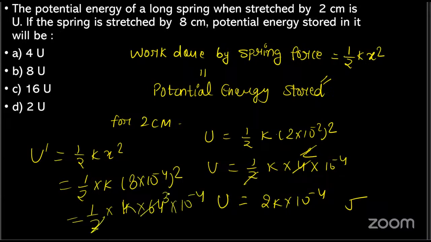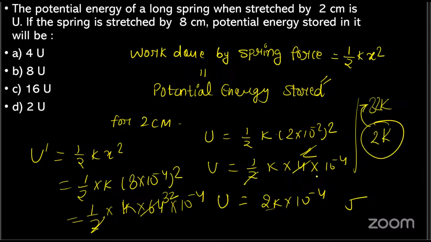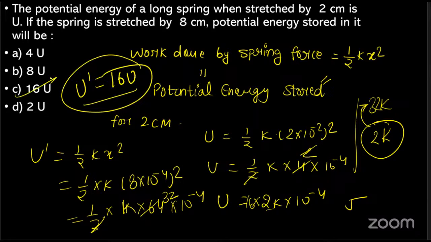Cancel it by 2, it is 32K. So you can see that 32K is a multiple of 2K. If I multiply the previous expression by 16, I will get U dash. So U dash is nothing but 16 times U. Option C is the correct one.